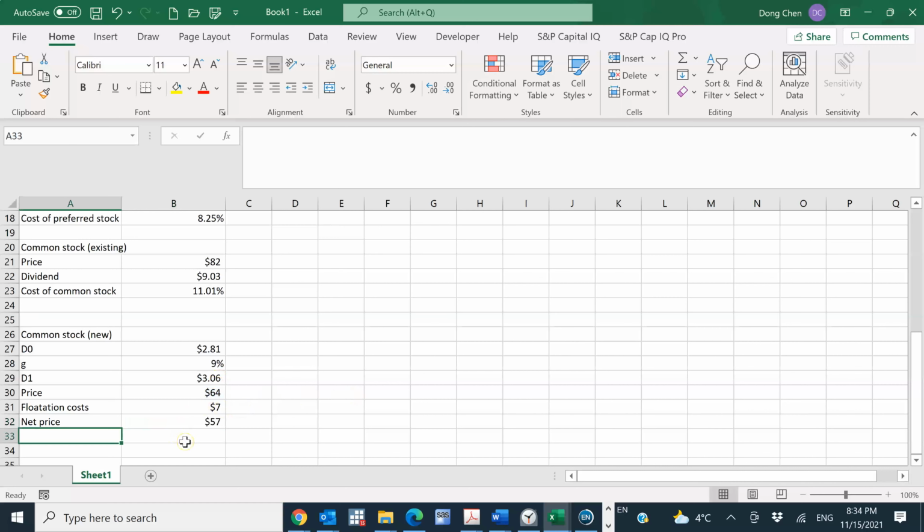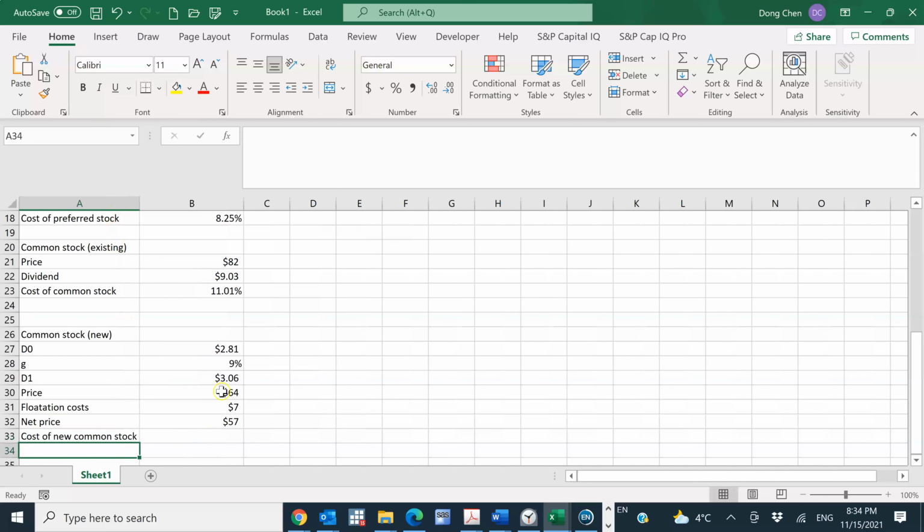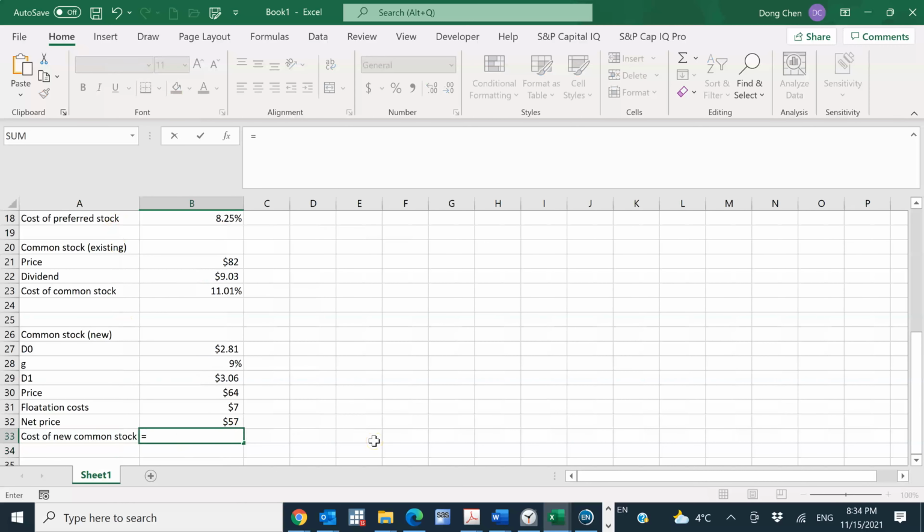So now we can calculate cost of common, let me write this as new common stock. Cost of new common stock should be D1 divided by the net price, plus the G, the growth rate of dividend.